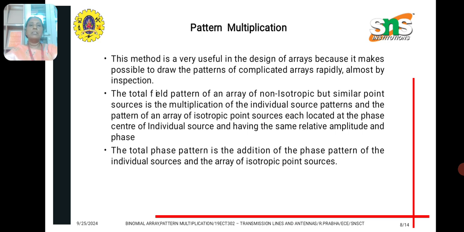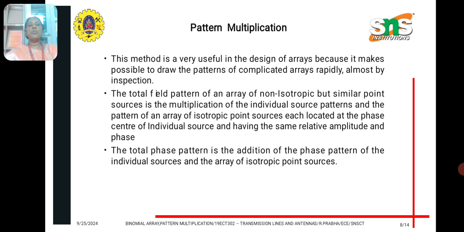We have another technique called pattern multiplication to determine the radiation pattern of complicated arrays very rapidly, just by inspection and without any calculations. According to the pattern multiplication technique, the total field pattern of an array of non-isotropic but similar point sources is the multiplication of the individual source pattern and the pattern of an array of isotropic point sources, each located at the phase center of the individual source and having the same relative amplitude and phase.